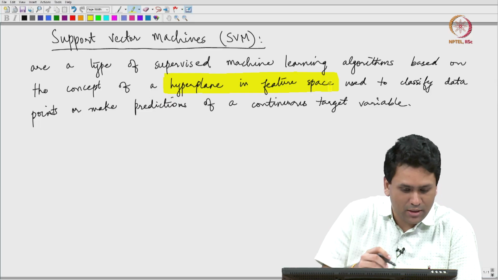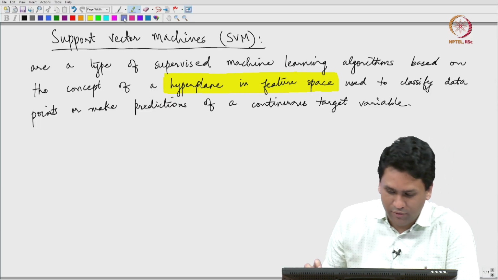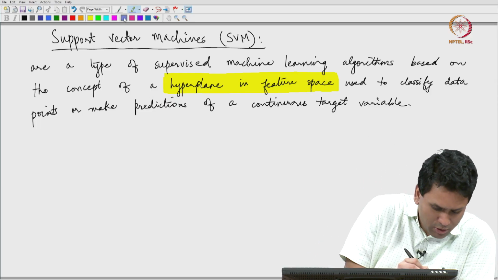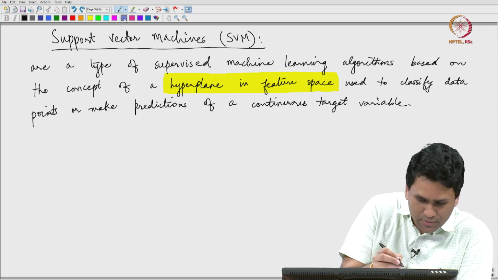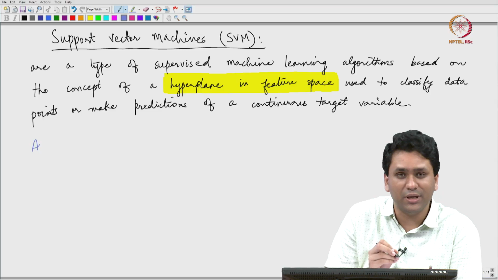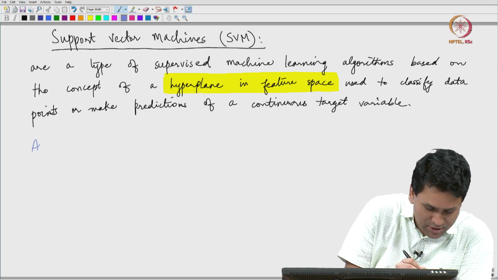That is the characteristic feature of an SVM, and although SVMs were initially developed for classification problems, they have since been adapted to regression problems as well.